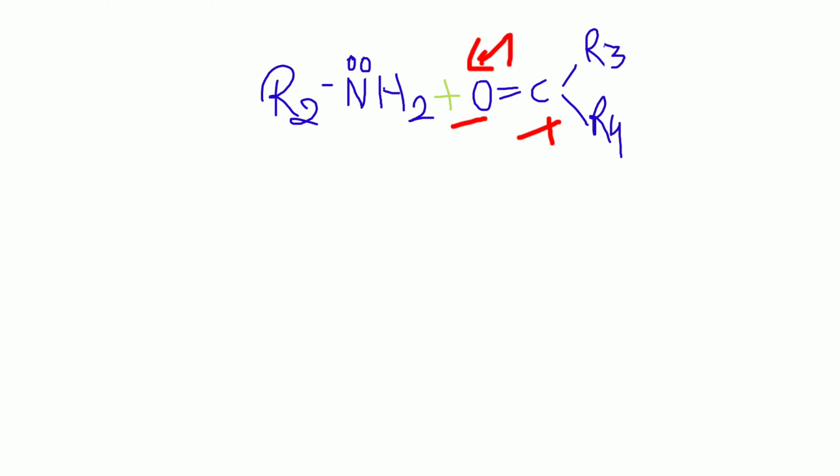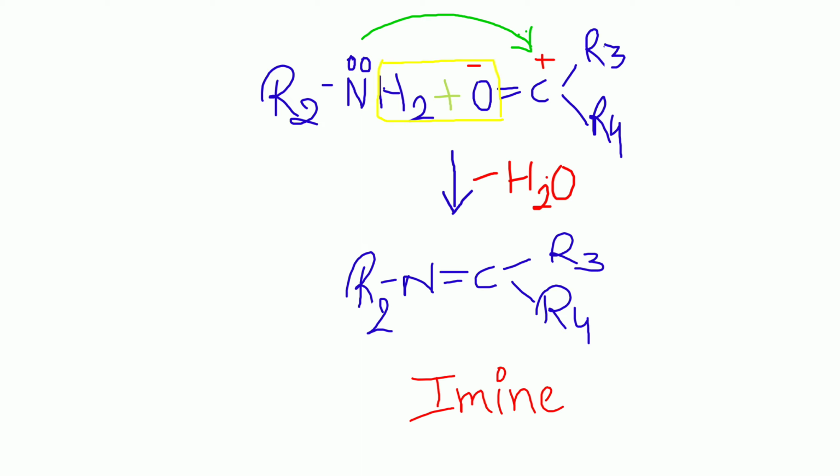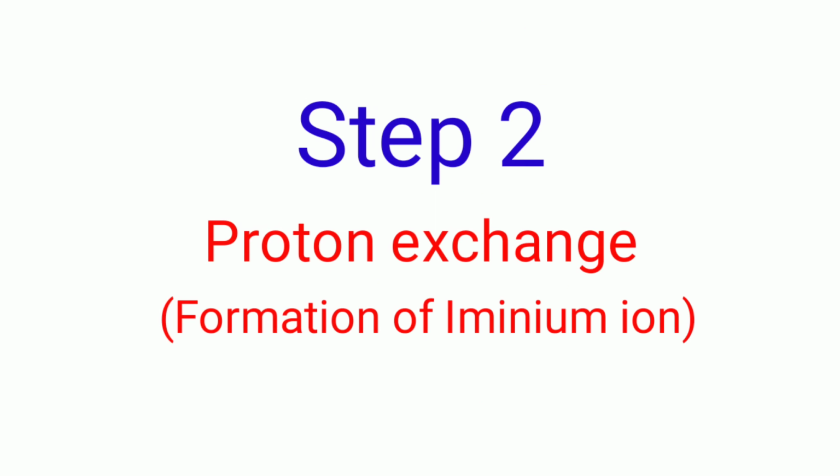Due to the electronegativity of oxygen, oxygen pulls the electrons from the carbon. So in this reaction, the lone pair of nitrogen attacks the carbon and removal of water takes place with concomitant formation of imine.